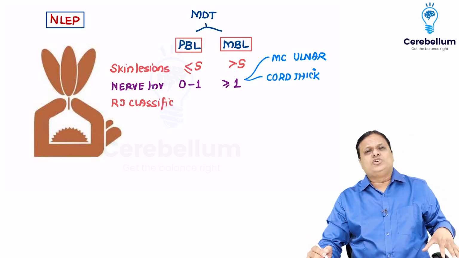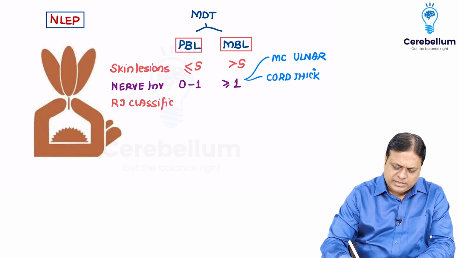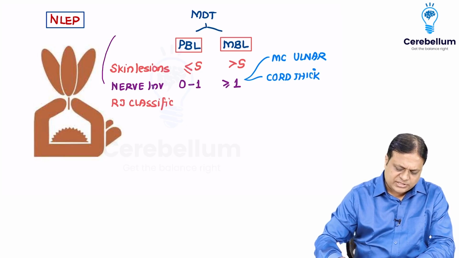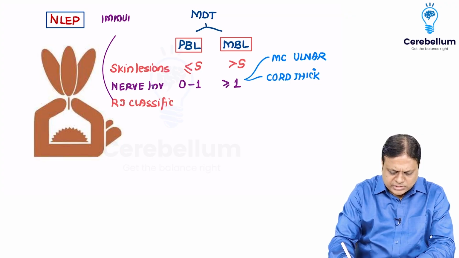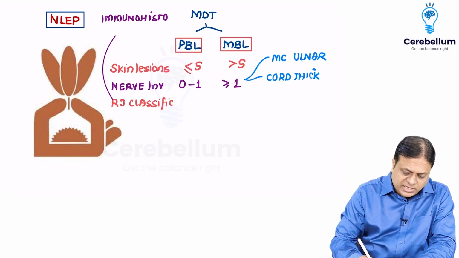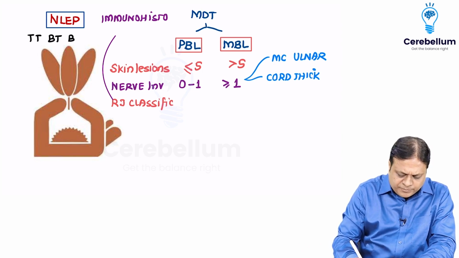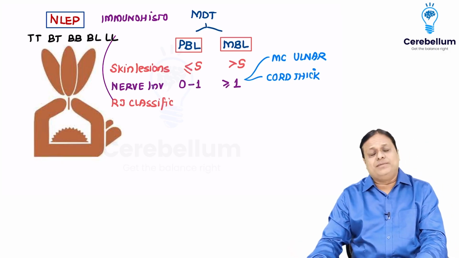Now when we look at the Ridley-Jopling classification, it is a type of immunohistological classification, which has 5 immunohistological subtypes. These are tuberculoid, borderline tuberculoid, borderline borderline, borderline lepromatous, and lepromatous leprosy.